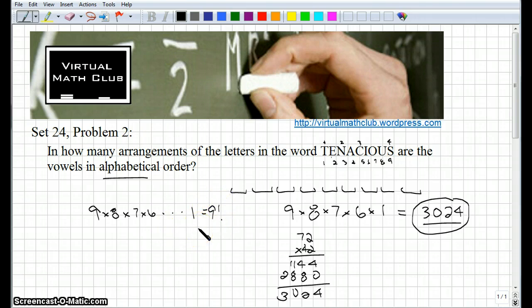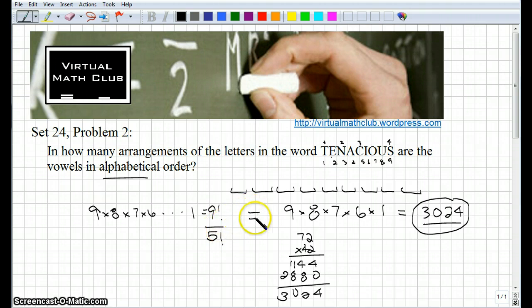But some of those ways are not going to have the vowels in alphabetical order. Given any placement of consonants, there's only going to be one way to put the vowels in order. So then you could think of it as 9 factorial divided by 5 factorial, right? Because there would be 5 factorial ways to arrange the vowels, okay?